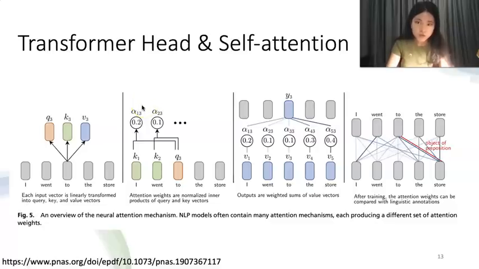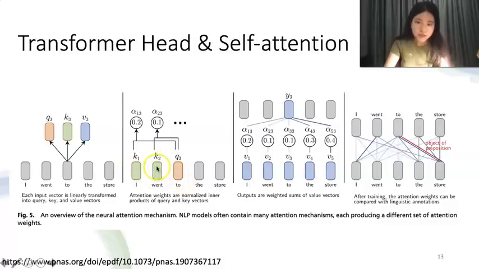Q3 and K1 will be computed into an attention weight, and this attention weight is represented by alpha 1,3. So alpha 1,3 means the attention score that the word at position 1 will attend to the word at position 3. And now we have a value of 0.2 as this attention weight. This is essentially how "I" will attend to "to", or how "I" is similar to "to".